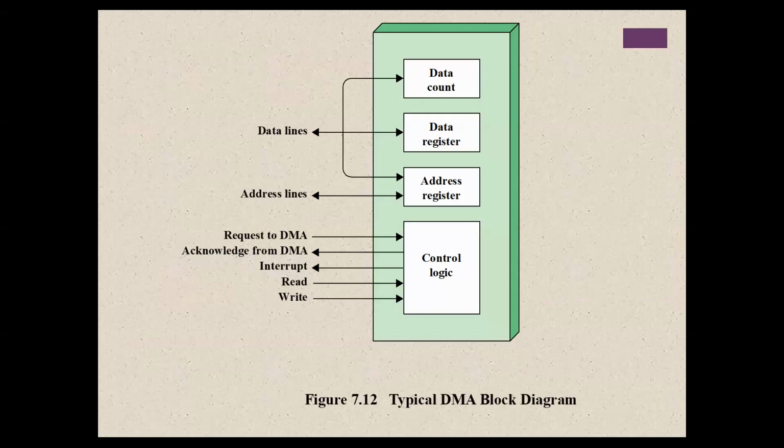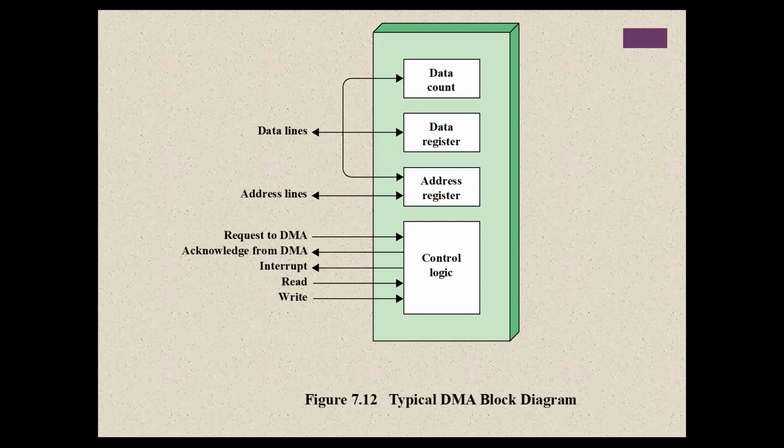The DMA basically involves an additional module on the system bus. The DMA module, as depicted in this block diagram in 7.12, is capable of mimicking the processor and indeed of taking over control of the system under the permission of the processor. It needs to do this to transfer data to and from the memory over the system bus.